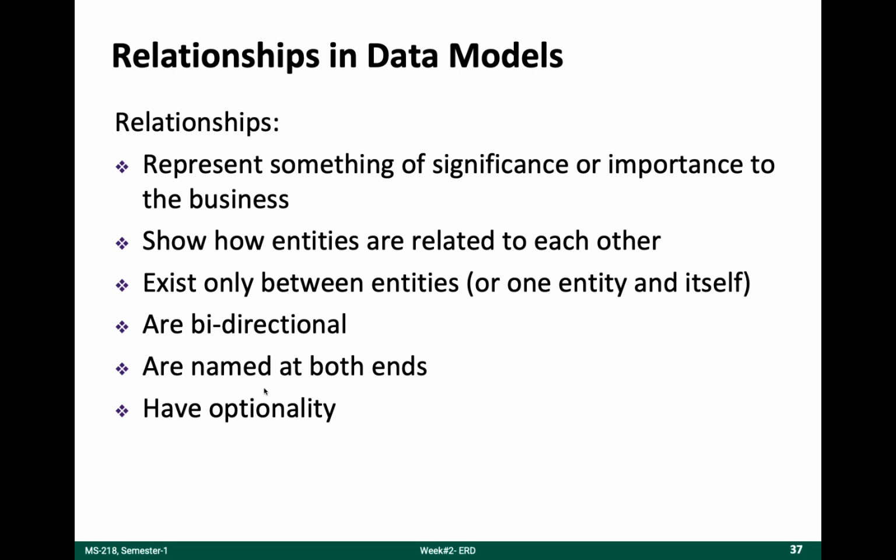So an employee has some relationship with dependent kids, but it's not compulsory for an employee to have kids before becoming an employee in some company. It means the relationship between employee and dependent is optional. It's not compulsory, unless there is a company which says we cannot hire someone who does not have any kid.